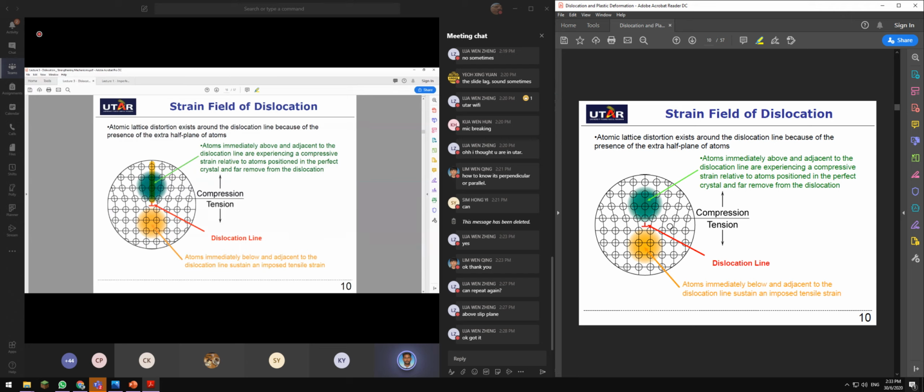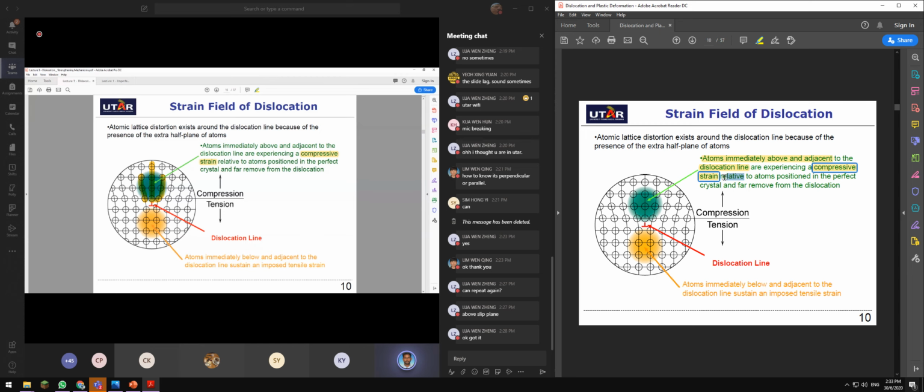Atoms above and adjacent to the dislocation line are experiencing compressive strain relative to atoms positioned in the perfect crystal and far removed from the dislocation. So over here, you have a compressive strain.